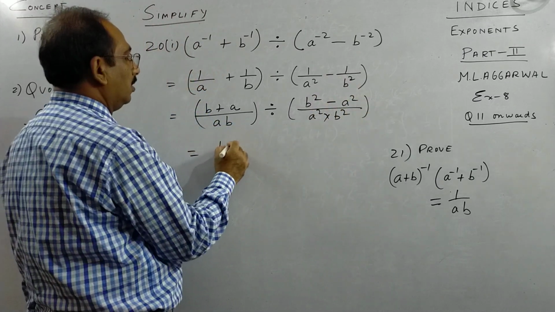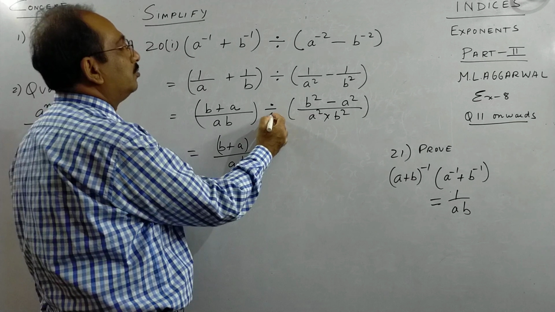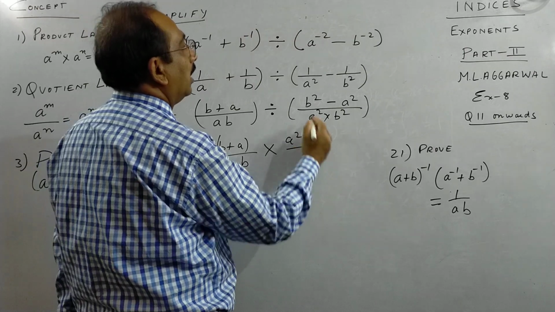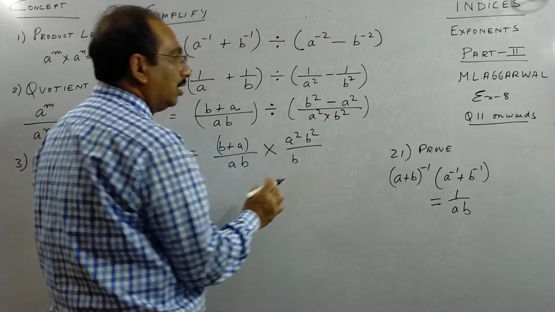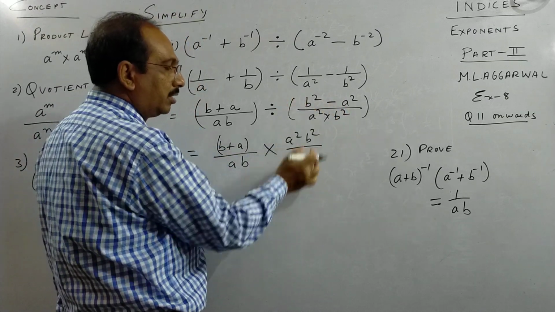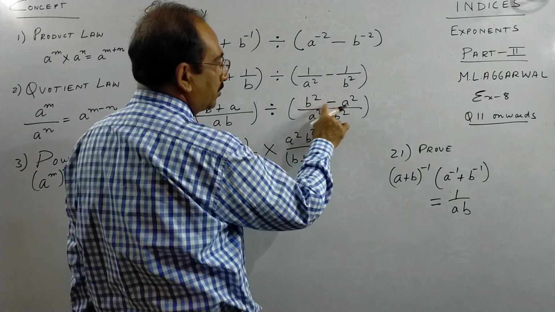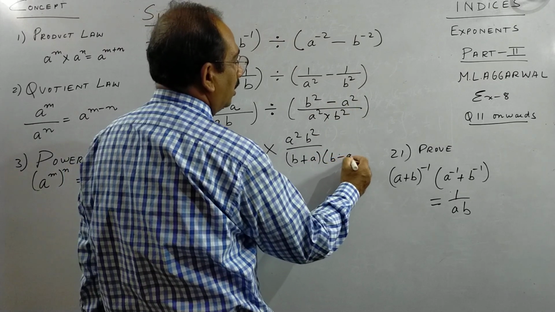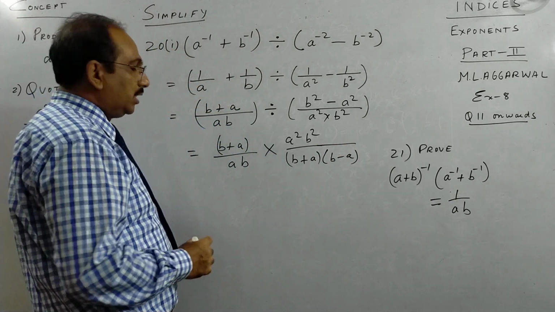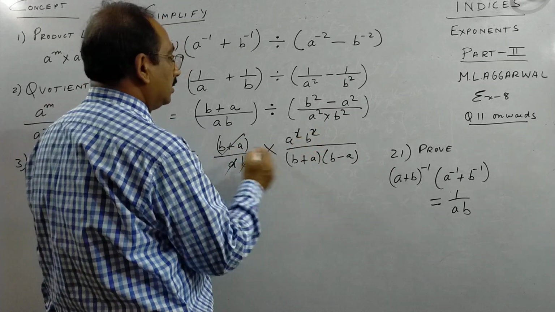So we have b plus a over ab. When division becomes multiplication, the denominator becomes numerator and the numerator becomes denominator. But here one more thing I am doing: not only am I making the numerator into the denominator, I am also expanding it with difference of squares, b square minus a square, b plus a and b minus a. So a lot of cancellation will be there, children. a will go with a, 2a, 1a will remain, 1b will remain, and this cancels.